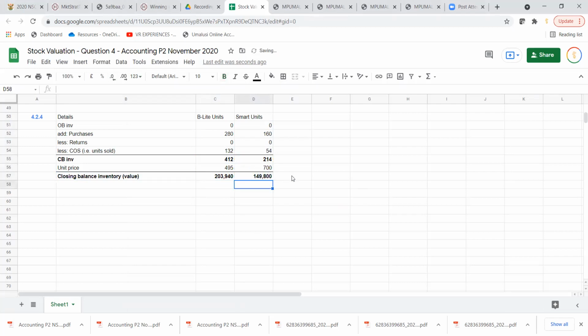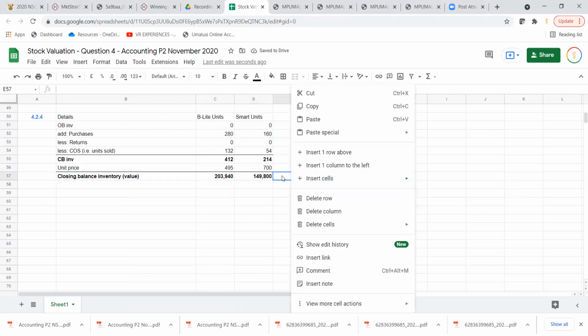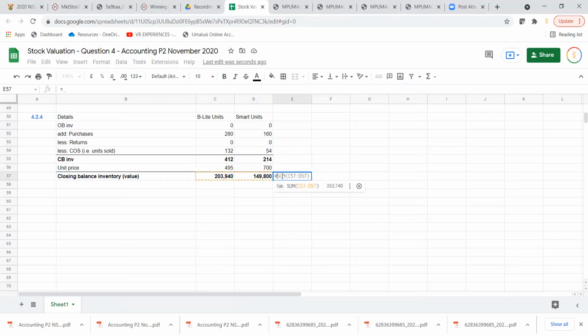So therefore the total is going to be, the total is equal to 214 plus 149. So closing inventory, total closing inventory is 353,750.